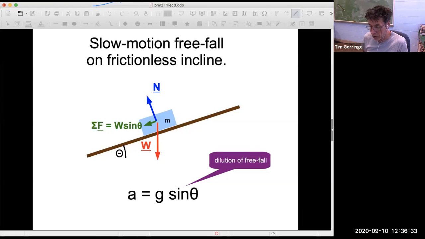And that fraction is determined by the sine of the angle of the incline. So that's kind of the dilution. The dilution is sine theta. And that allows you to slow down gravity's pull and better explore gravity's pull. And so that was a big breakthrough in the last class to so clearly understand how the incline impacts the acceleration of gravity.